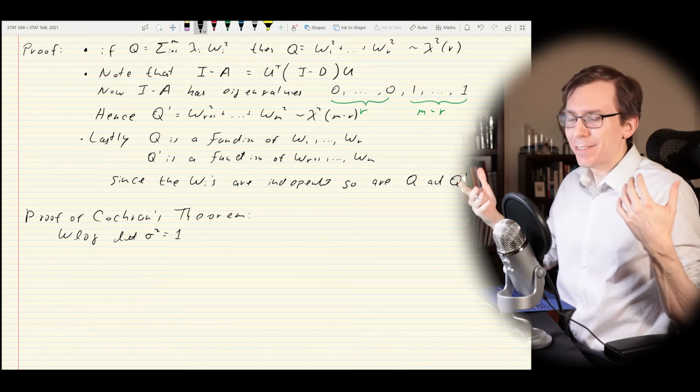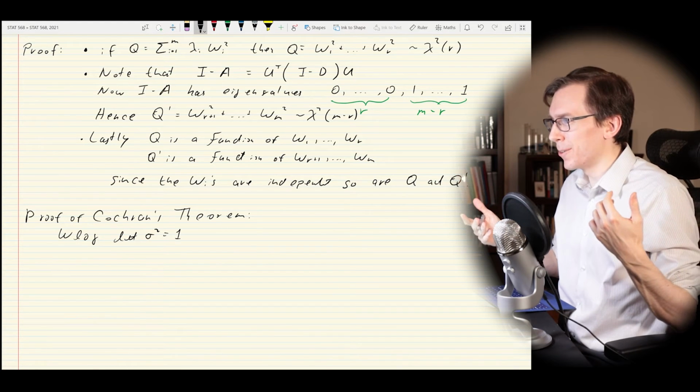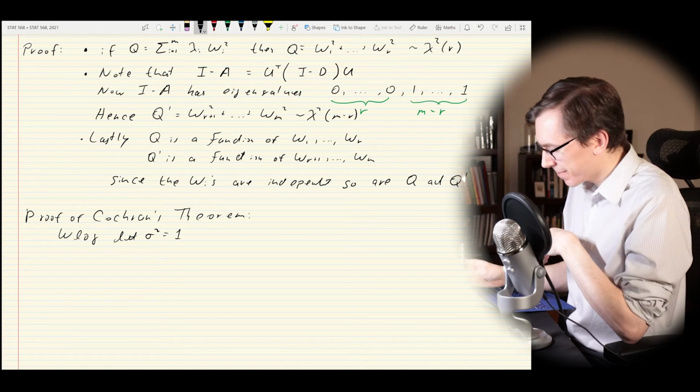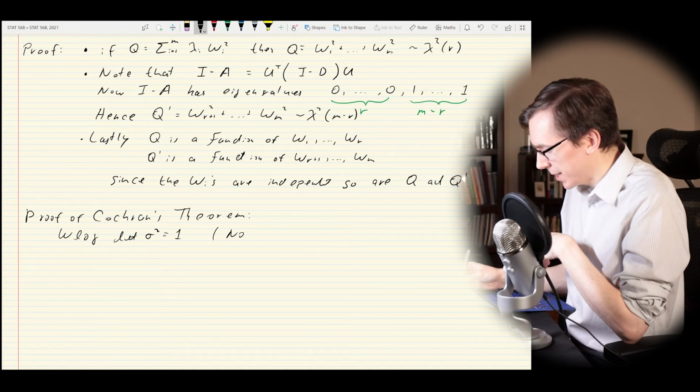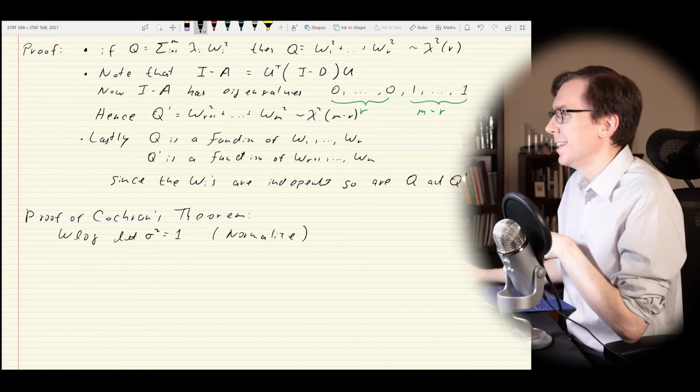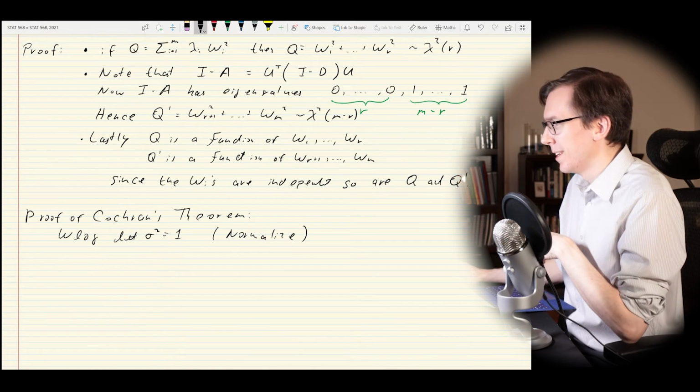Otherwise, we can just divide everything by sigma squared or sigma to normalize it. Hence, we normalize or standardize, or whatever you want to call it. It just makes it a little bit easier to work with.